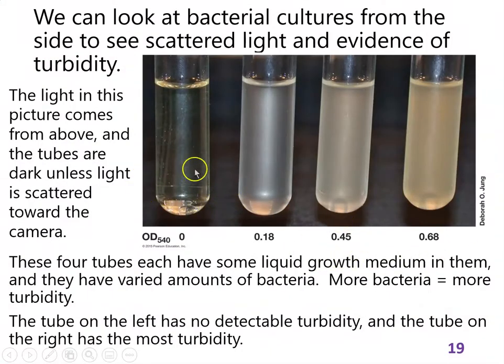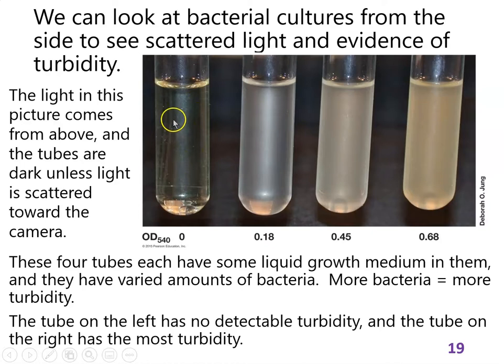These are test tubes with different amounts of bacteria, and they're illuminated probably either from the side or from above. I don't know where the light is coming from, but it's definitely not directly pointed at you. And so these are glowing because part of the light is scattered towards you. So this test tube does not have any visible bacteria growing in it.